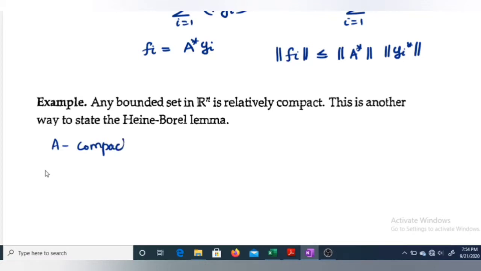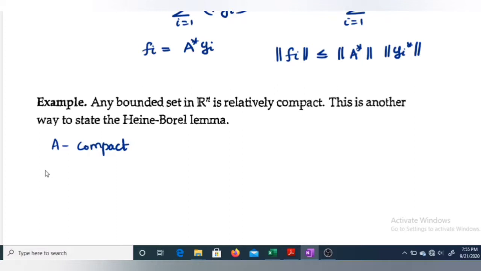What do we have to prove? What is the definition of a compact operator? A from X to Y is compact if for every bounded sequence xn in X, Axn has a Cauchy subsequence. And we have another result: A is a compact operator if and only if the image of the unit ball is a pre-compact set.